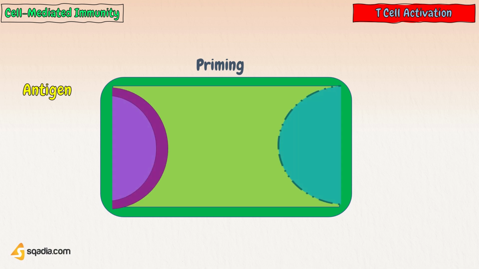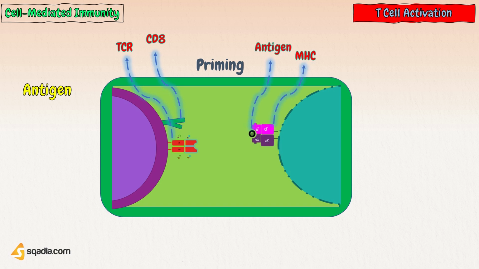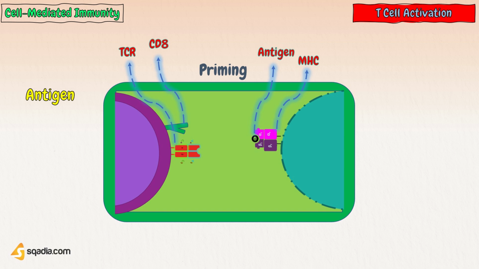Priming is based on two types of signals: antigen binding and co-stimulation. The antigen is normally presented on the MHC molecule of an antigen-presenting cell, such as a macrophage or a dendritic cell. The second signal is that of co-stimulation.